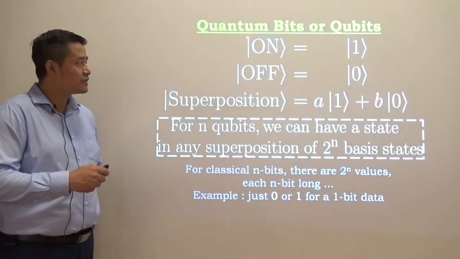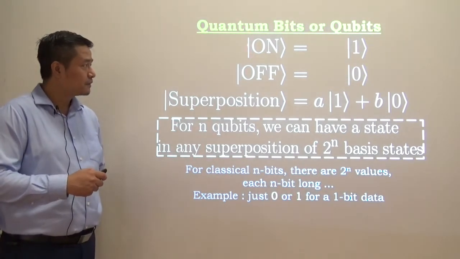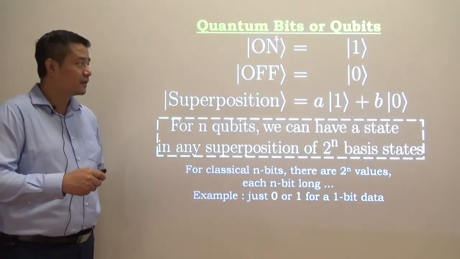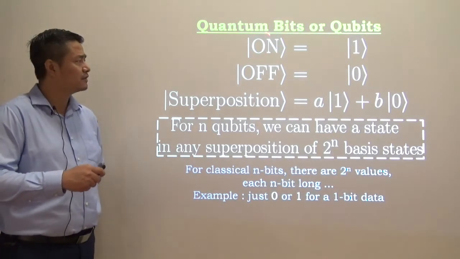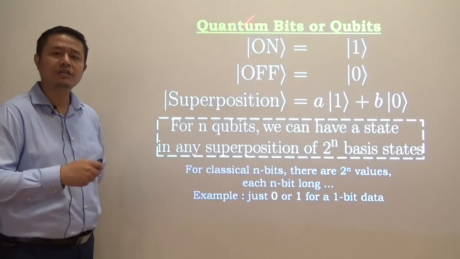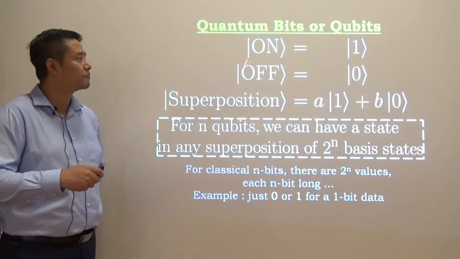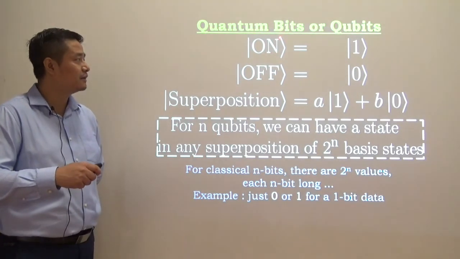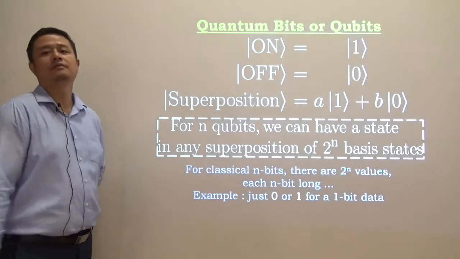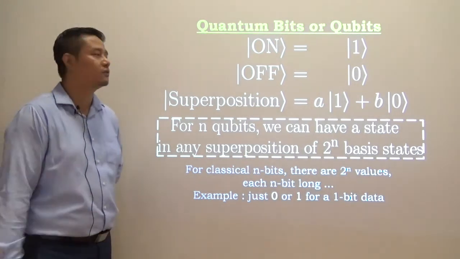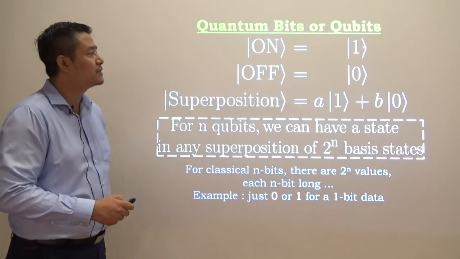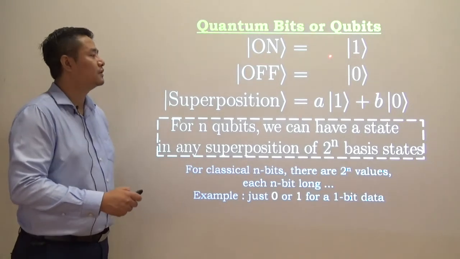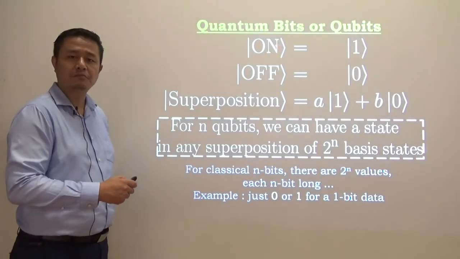This straight line and these angular brackets are just notation in quantum mechanics. This is the bra and ket notation. So it's nothing but notation only. The one state is like the on state in classical computation.